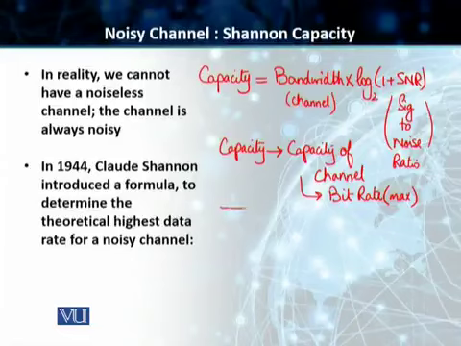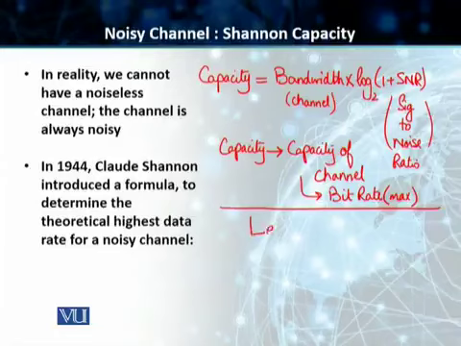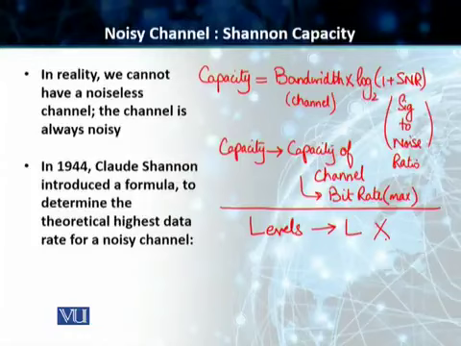Students, an important point to note is that we do not have any quantitative inclusion of the number of levels in this formula. There are no levels. In the Nyquist bitrate formula, you saw that our bitrate was directly proportional to the number of levels for a noiseless channel. As per Shannon's capacity formula, it doesn't matter how many levels we have, we cannot achieve a data rate higher than the capacity of the channel.